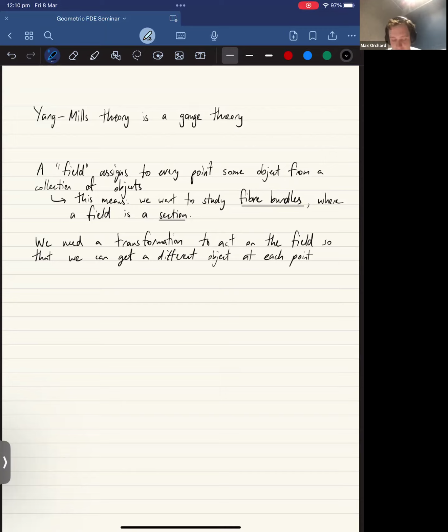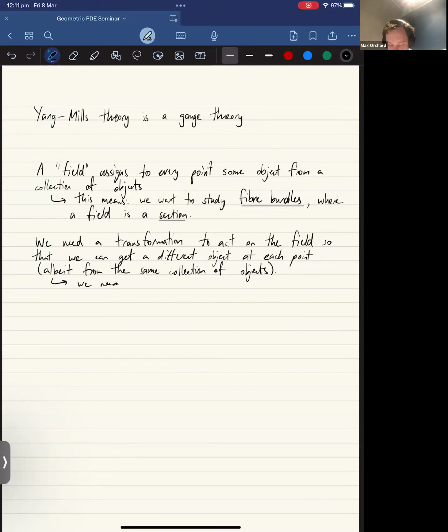Now, we also need it to be from the same collection of objects, though. Now, what this means is that we need some sort of group action, as I said before, but it also needs to preserve the fibers of this fiber bundle because we want the collection of objects at each point to be the same.